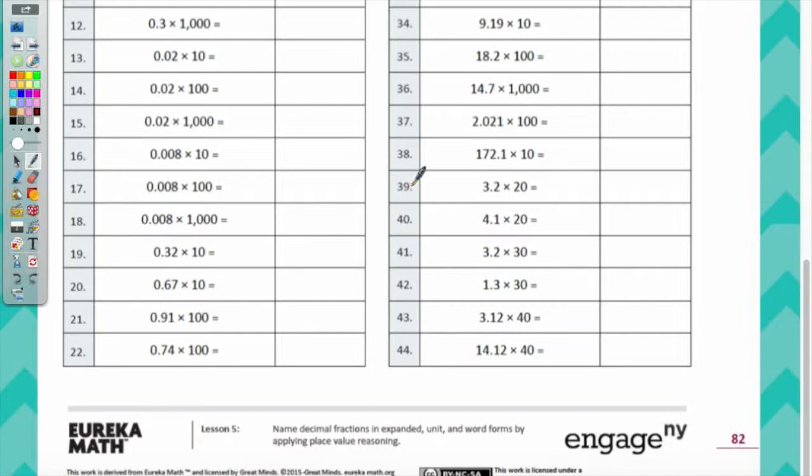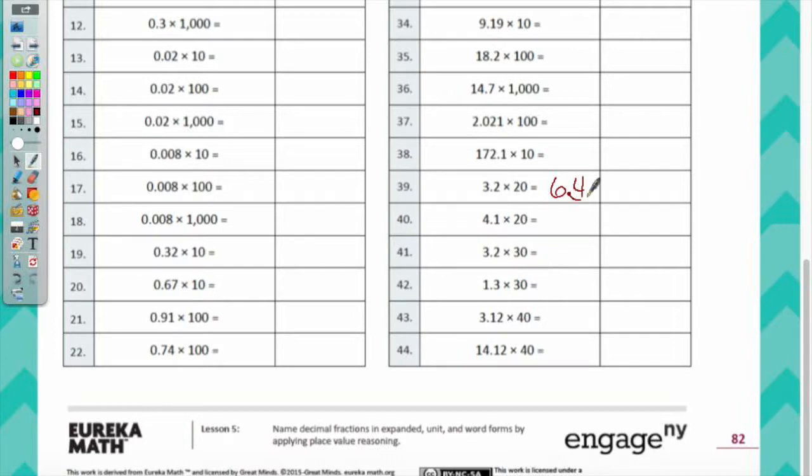Who can do that in their head? 64. So we would write 6.4 here, and then hop the decimal. Go ahead and write that down. 6.4 because I just did 3.2 times 2.